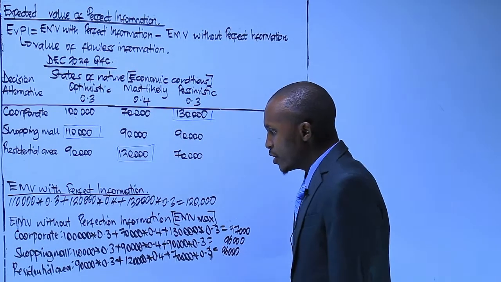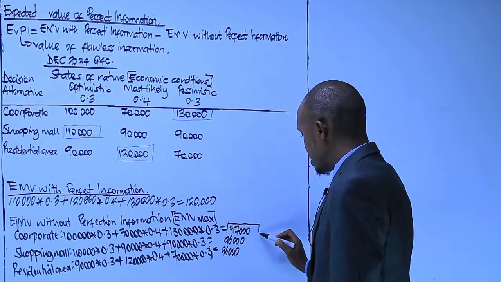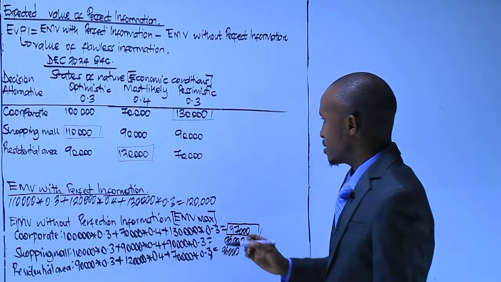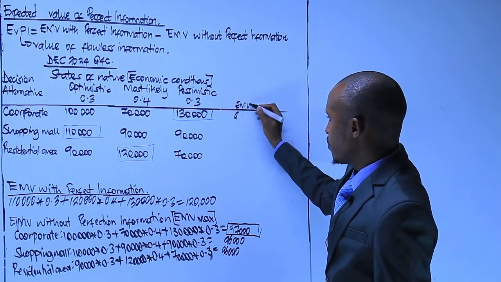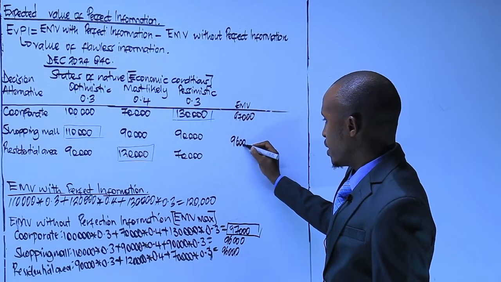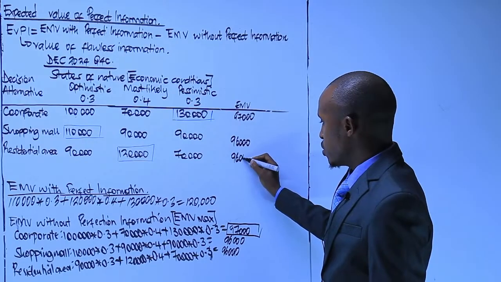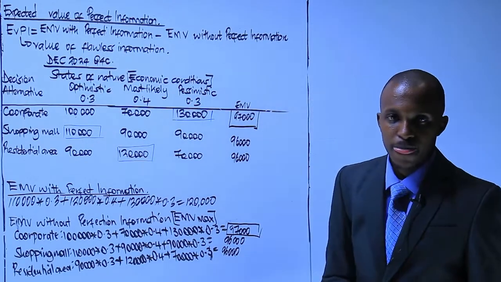But remember, using the expected monetary value approach, you normally select the one with the highest. So this is what? 97. This is your EMV. 97, 96, and 96. So you select the highest. That is the highest. Okay?